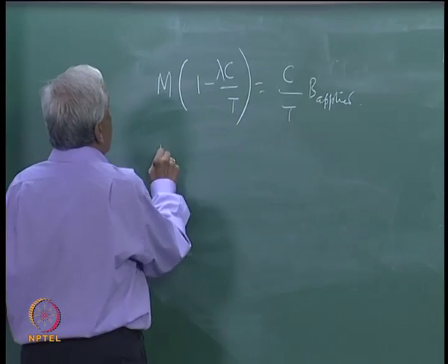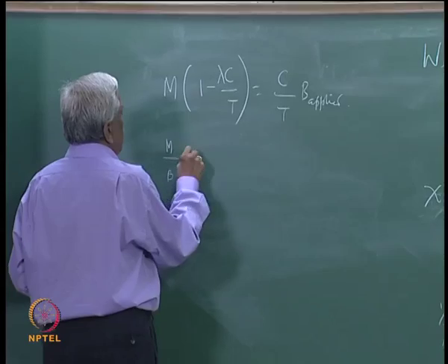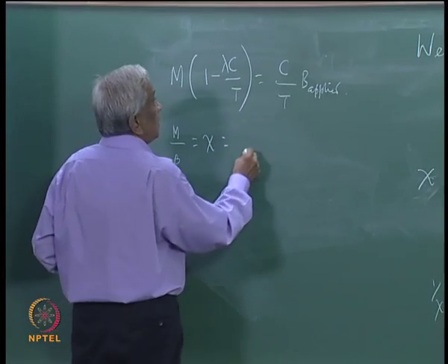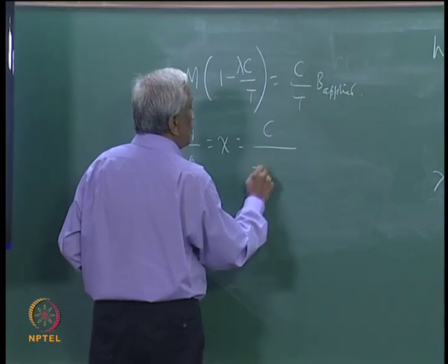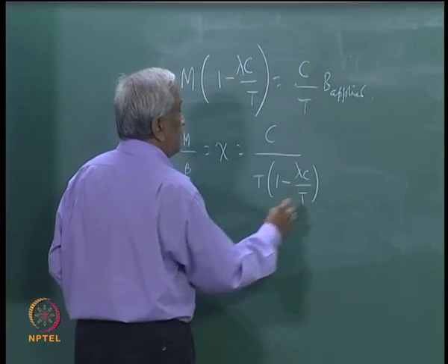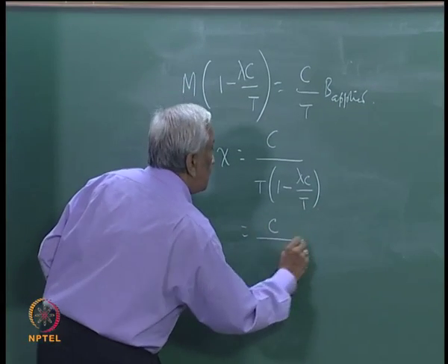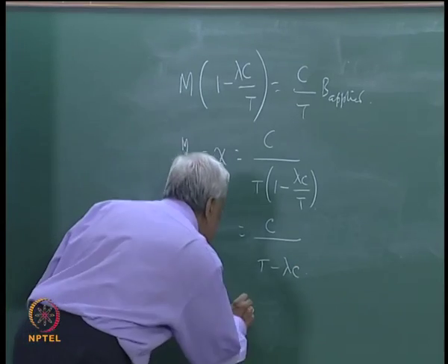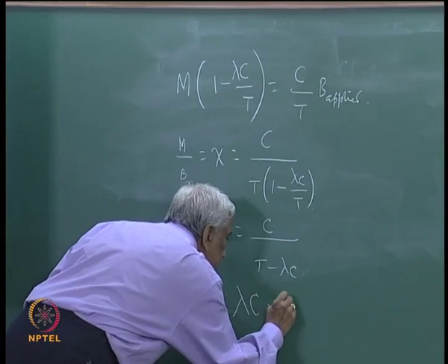So, m by B, which is chi in the linear region of the response, is C by T into 1 minus lambda C by T, and that is equal to C by T minus lambda C. So, lambda C equals theta.